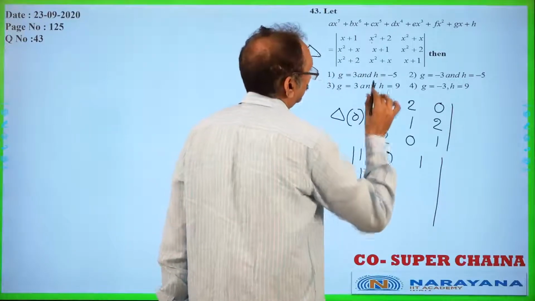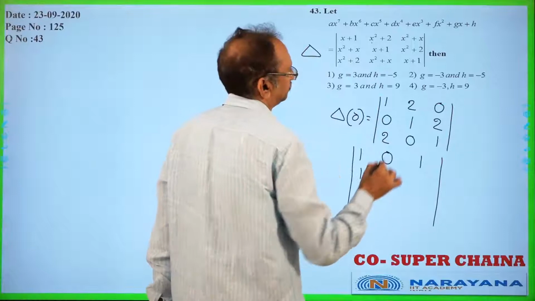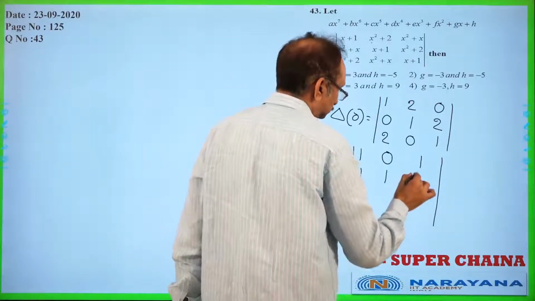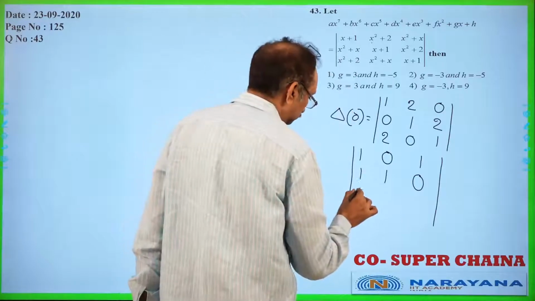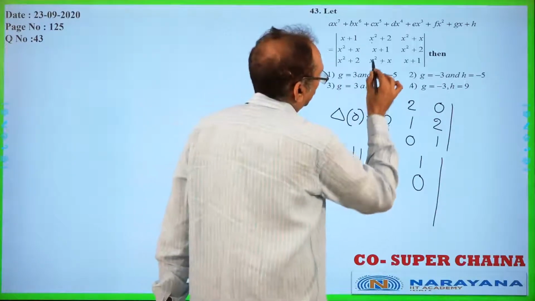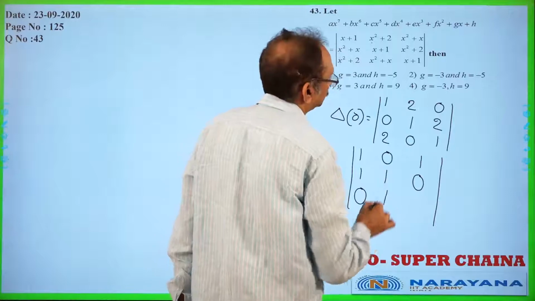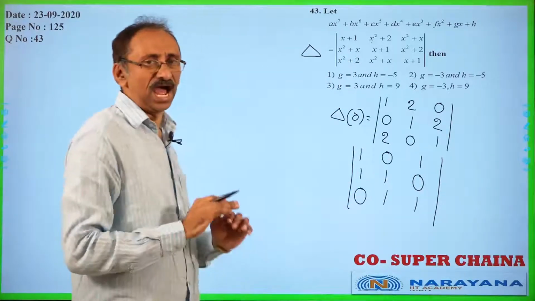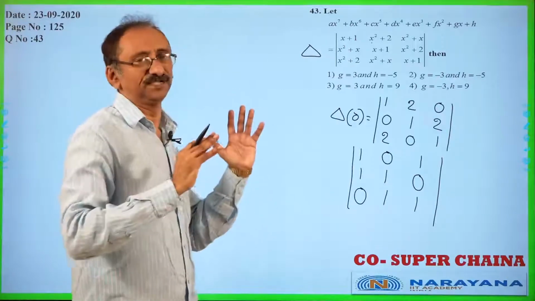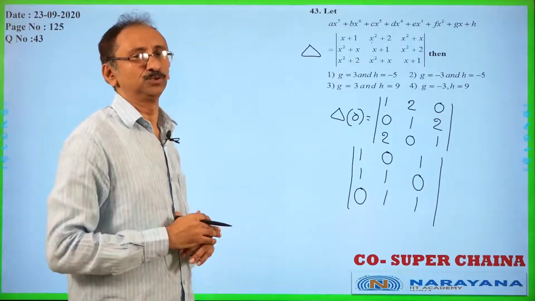So 0, 1 plus 0, that is 1. And 2x plus 0, that is 0. And 2x plus 0, that is 0. And this is 2x plus 1, 0 plus 1, that is 1. So what have I done? I have differentiated each and every term with x, and after that I substituted 0.